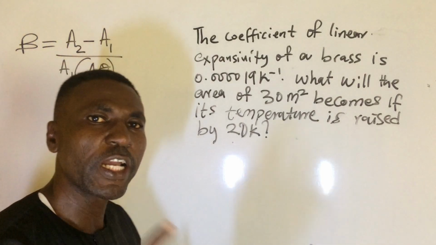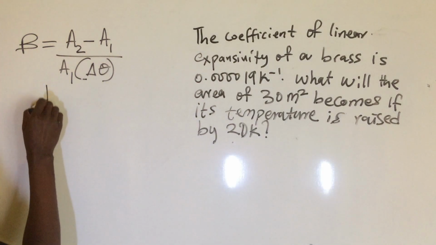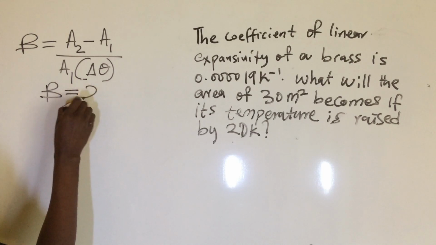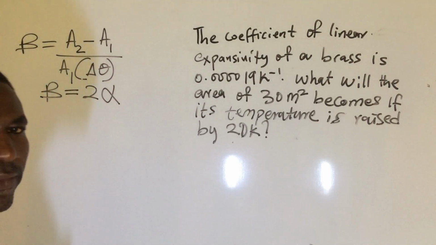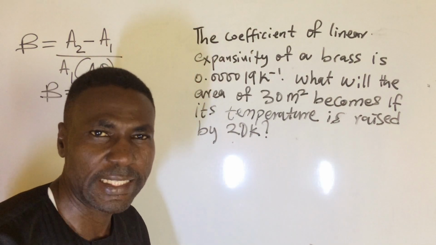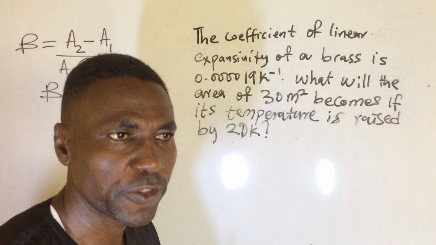Before we continue, take note that beta is the same thing as 2 times linear expansivity. Area expansivity is equal to 2 times linear expansivity, from derivation.